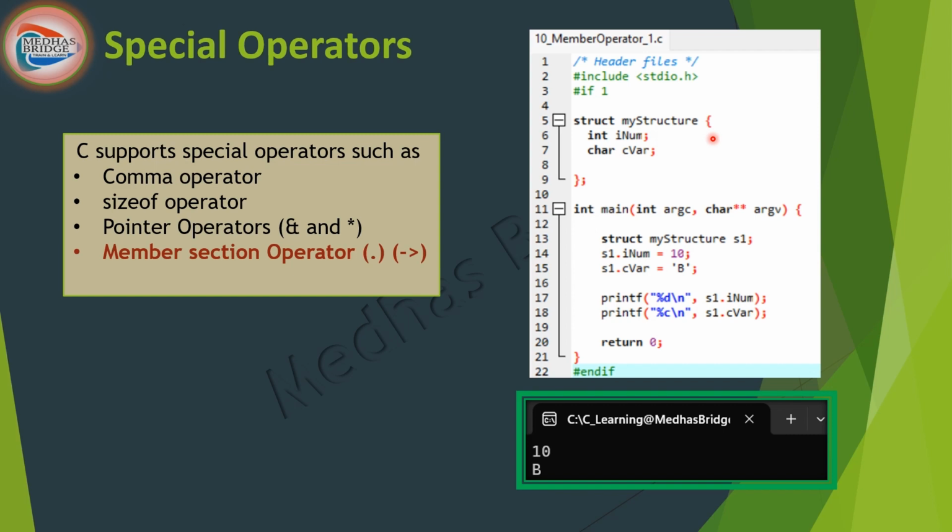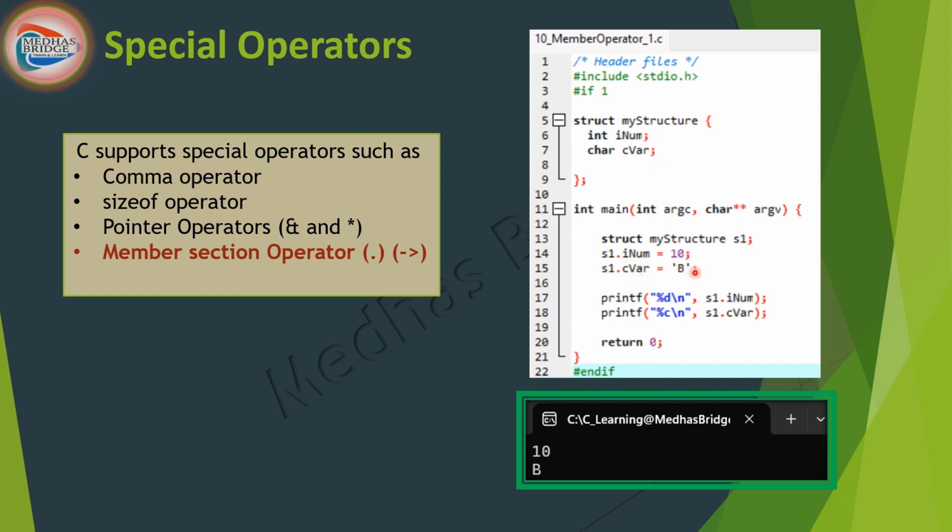Now you are creating a variable of that data type. So struct my struct, variable name is s1. So s1 is a struct variable of type my struct. Anytime you try to access the members of this struct, you would use the dot: s1 dot inum, s1 dot cvar.